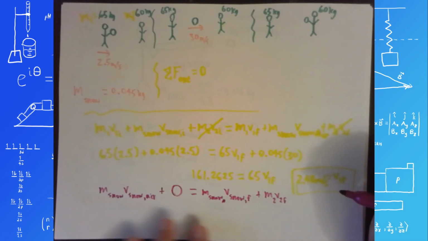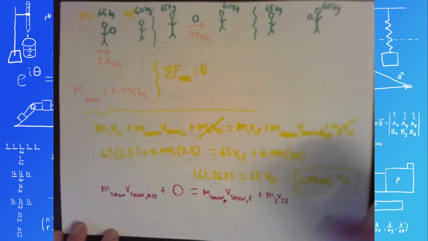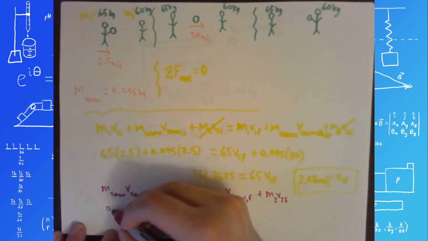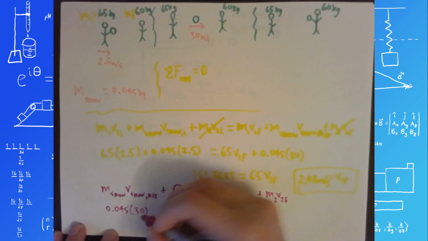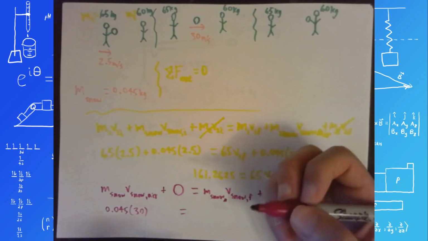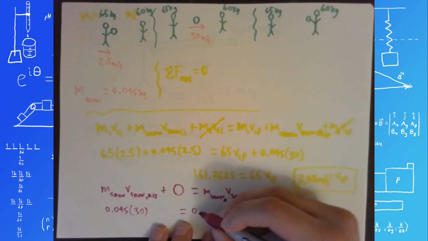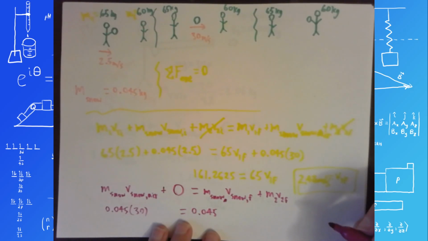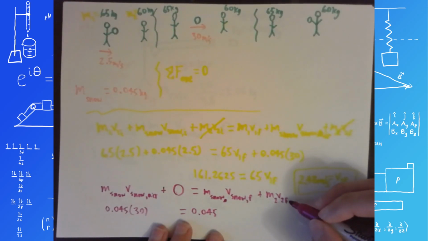Anyway, subbing in the numbers that we know, we have 0.045 times 30 equals 0.045 times v snow final plus 60 times v final.